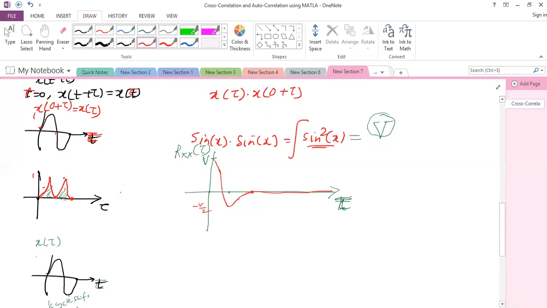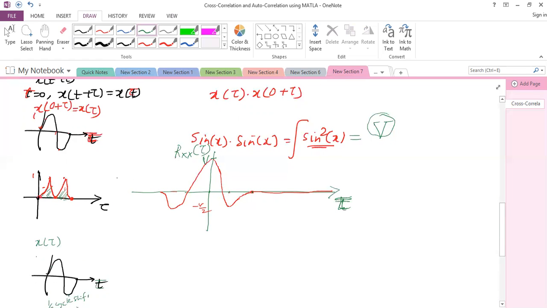Now, if we shift the second signal to the left, we will get an exact replica on the left side also. So we will get something like this. Okay. So this is the autocorrelation function. Now, what is the use of this autocorrelation function?